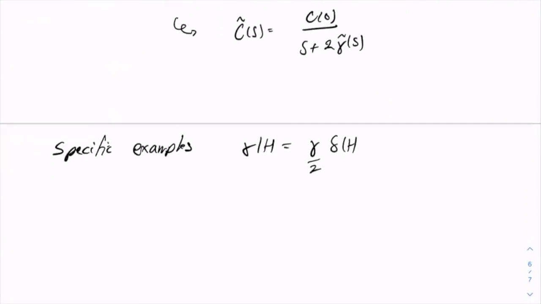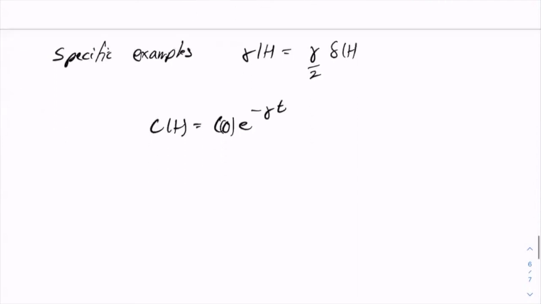We would find, inverting that Laplace transform, that c of t is equal to c of 0 and a decaying exponential with a rate that depends on that gamma. So in the Markovian approximation, we find that velocity correlations are exponentially decaying.